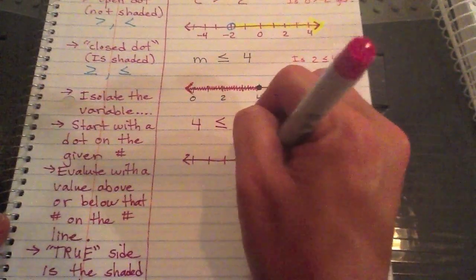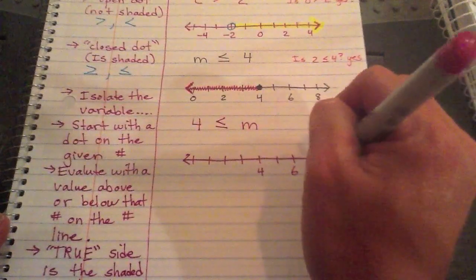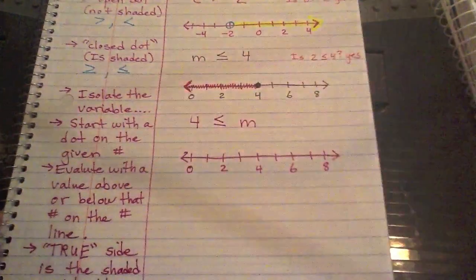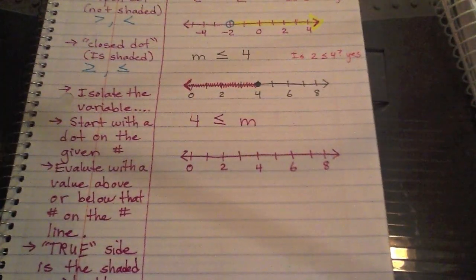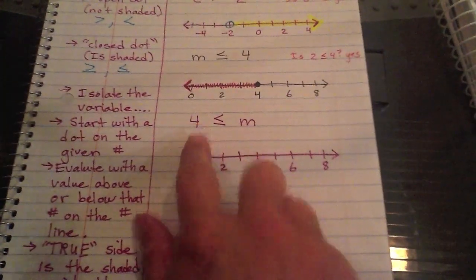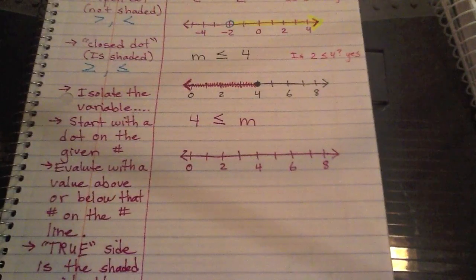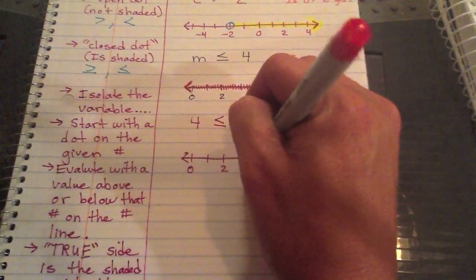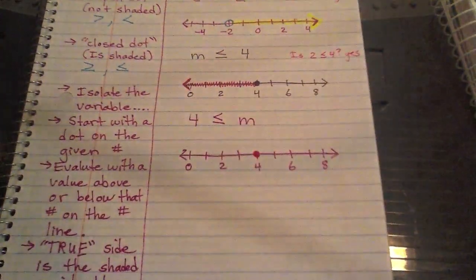So I'm going to start at 4 here again, 6, 8, 2, and 0. And again, we're starting at the number, 4. It's an "or equal to," so I'm going to do a closed dot, a shaded dot.